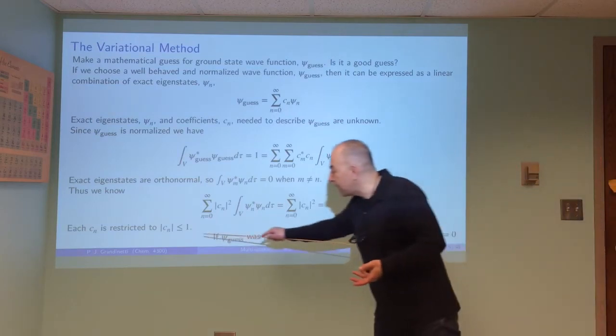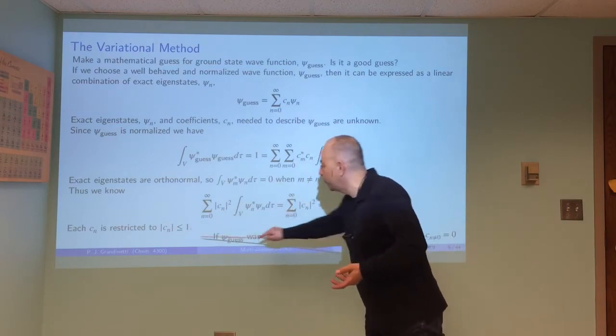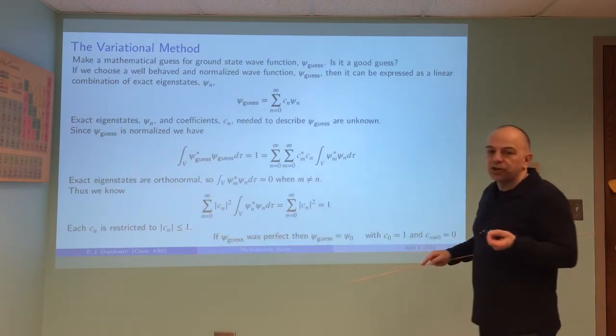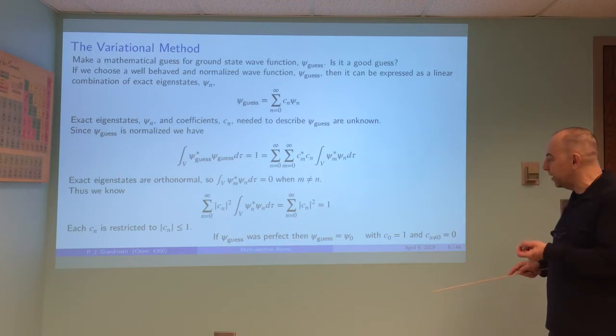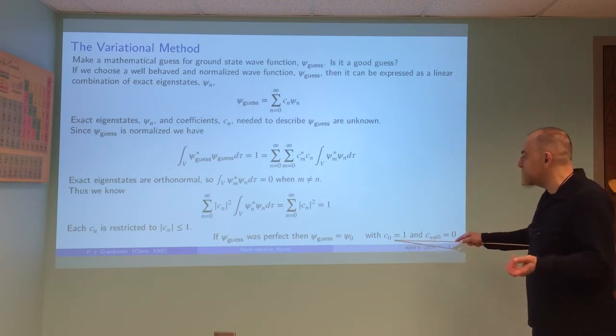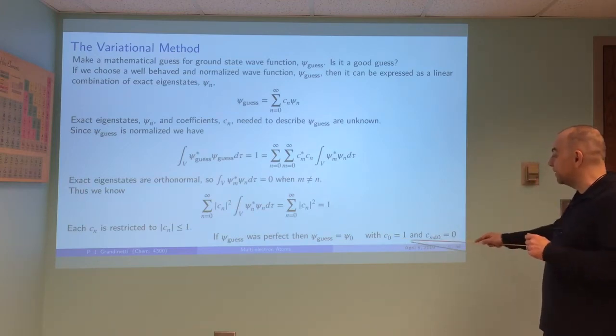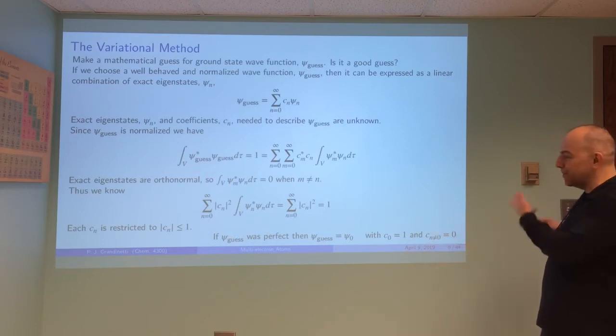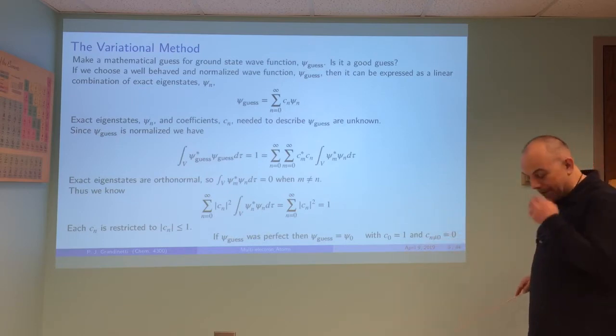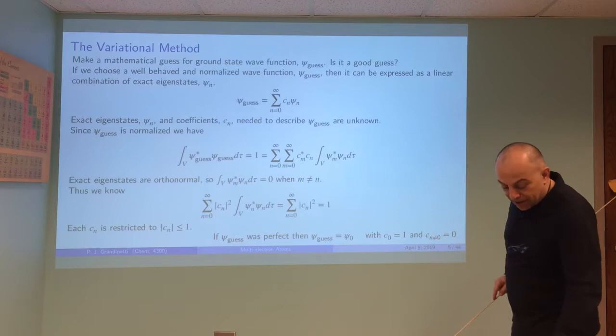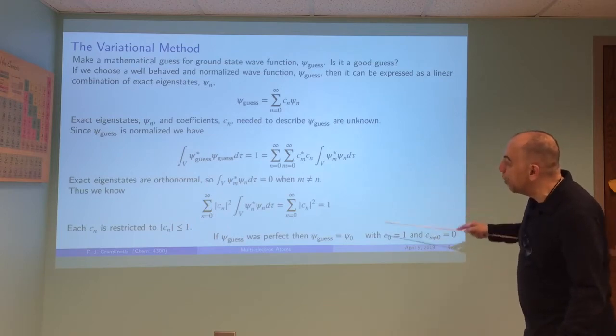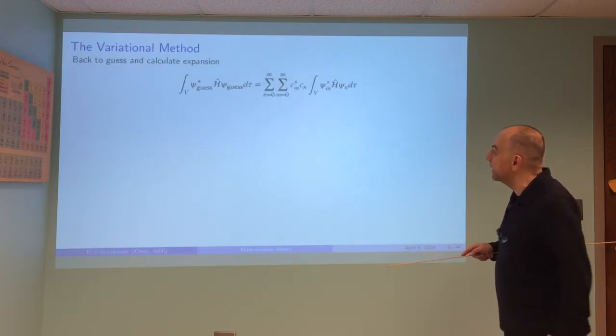But the important thing is, note again, we just proved here that those coefficients are all between 0 and 1. A great guess would have C0 equal 1, and a bad guess would have C0 equal to 0, and all the ones up here would be non-zero. Okay, so let's keep going with this idea and see where it takes us.